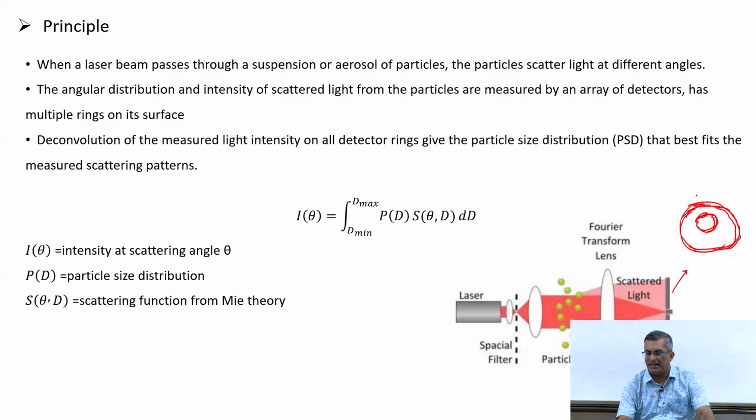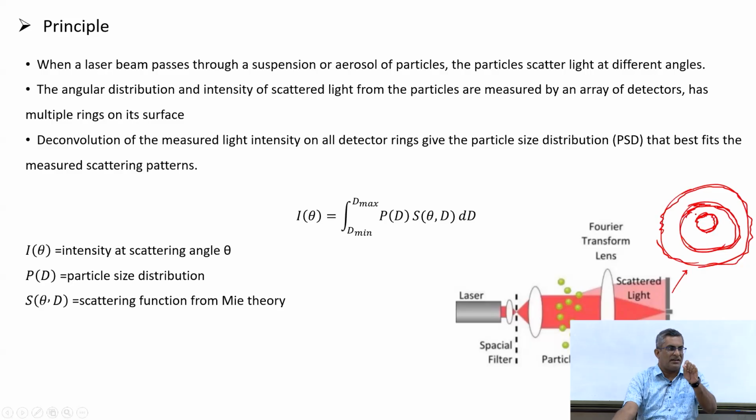You have a band here and this goes on. It has multiple rings and each ring now captures light from different particles because there are many particles. So you can imagine there is a superposition of the diffraction patterns from different particles.